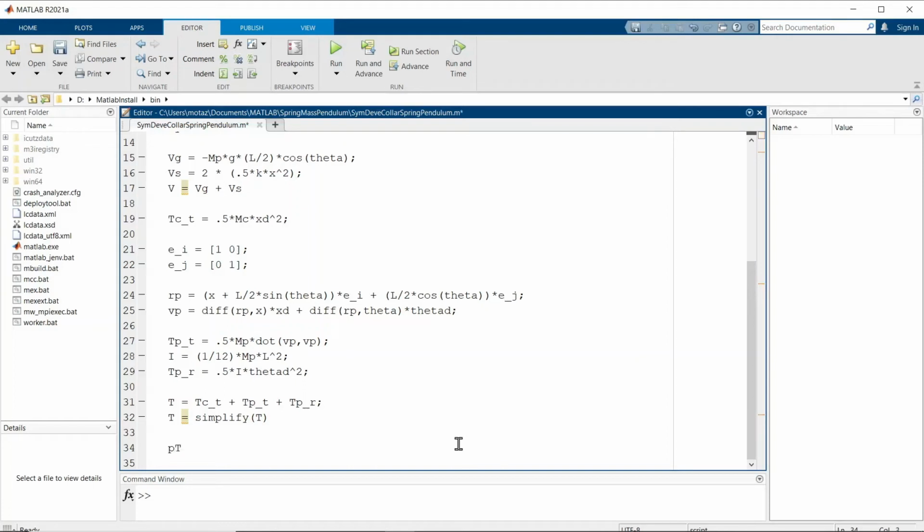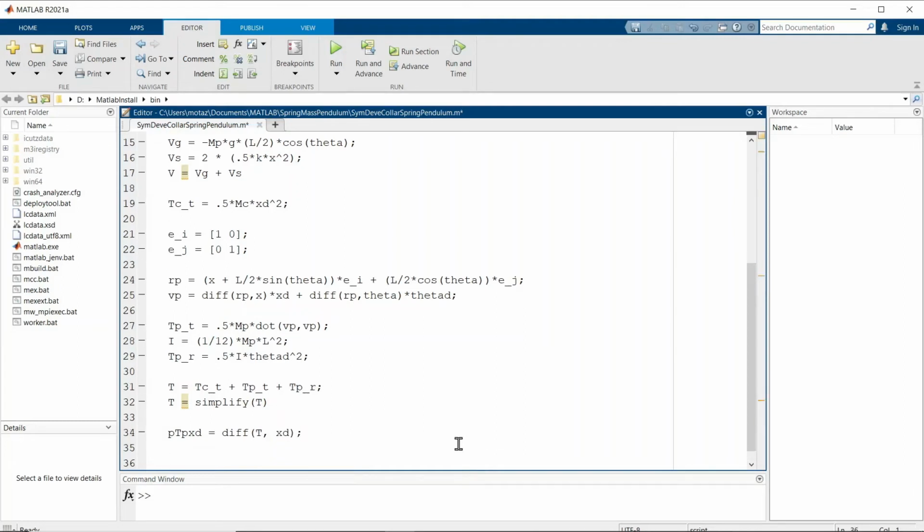We'll take the partial derivative of the kinetic energy with respect to x dot, and that'll simply be the derivative of T with respect to x dot.